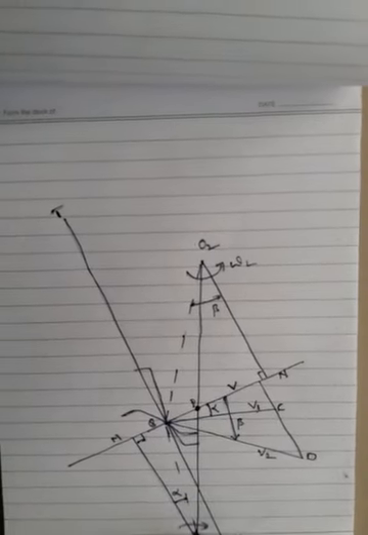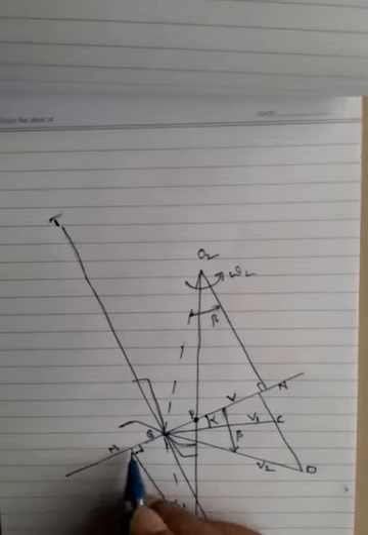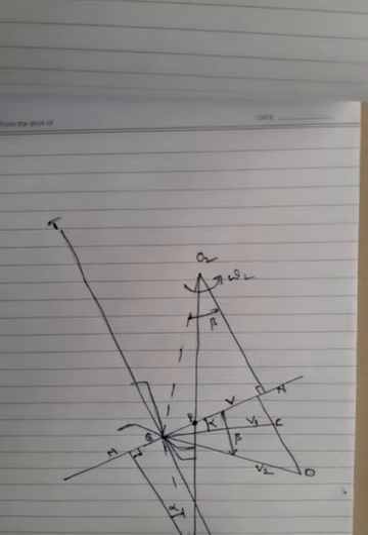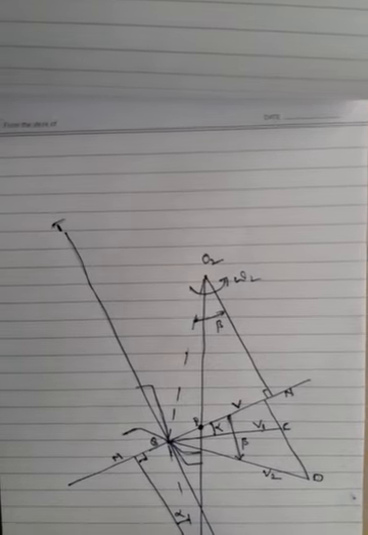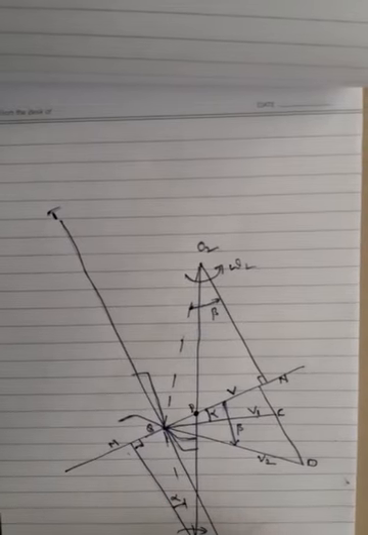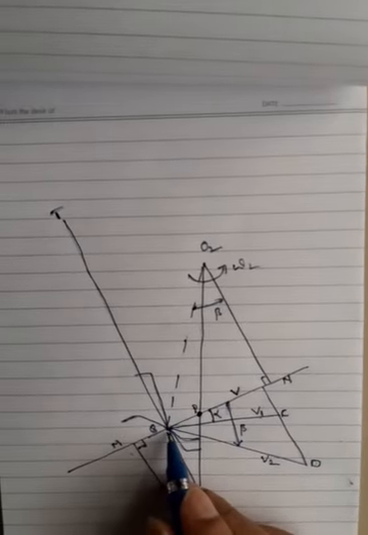Now from triangle O1MQ, we have cos alpha equal to the adjacent side, O1M, divided by the hypotenuse O1Q.